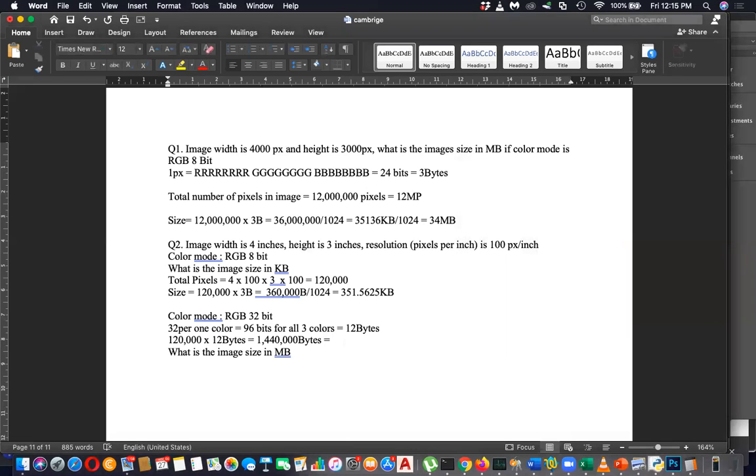Is it correct? Yes, sir, it's 1.3 megabytes. Correct or wrong? Yes, 1.3 megabytes. So let's check this.